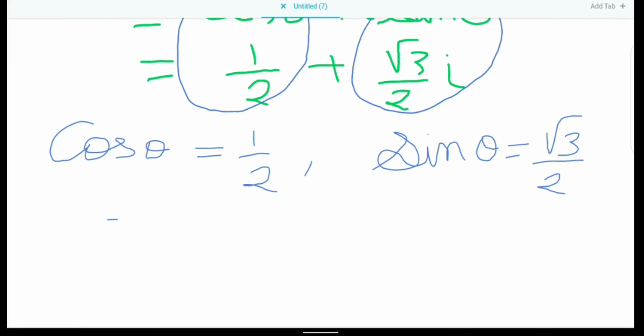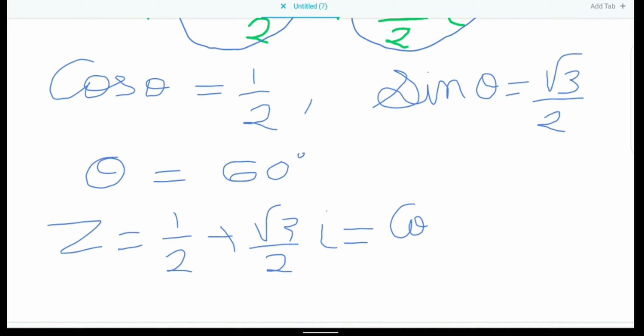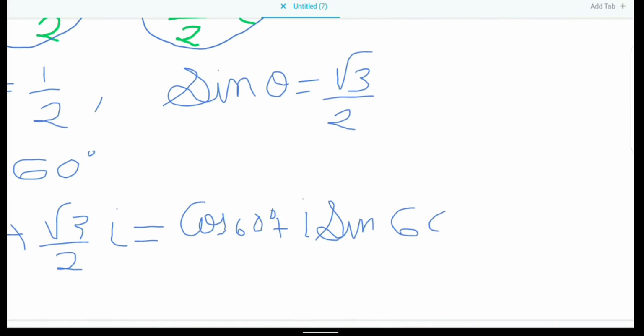And we can take theta equal to 60 degrees. We observe that sin 60 degrees equals √3/2 and cos 60 degrees equals 1/2. So we can write the complex number in polar form: z = 1/2 + √3/2 i is cos 60 degrees + i sin 60 degrees.